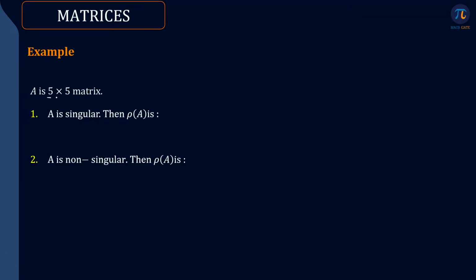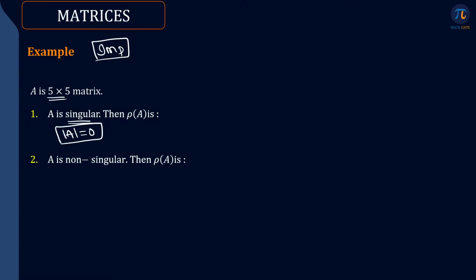Now, suppose there are some examples. If you are having a 5 by 5 matrix, this is for square matrices. We are having a beautiful definition. These are very, very important. What do you mean by a singular matrix? Singular means determinant is 0.